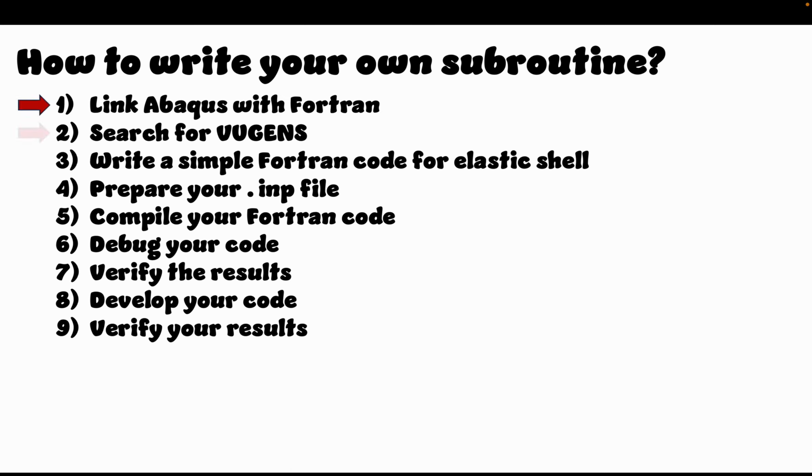So you need to, in fact, debug the code. You need to make sure that the syntax of Fortran and all the input variables are correctly defined in your Fortran code, and then verify the results. It's a simple case, so you can easily verify your results, and after that you are able to develop your own code for a more complex problem for your own FE project.